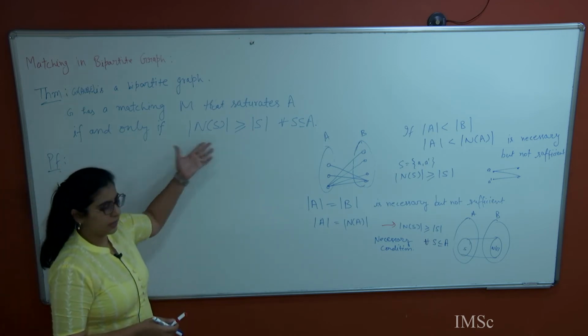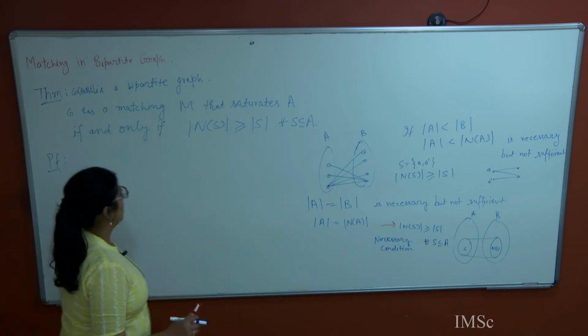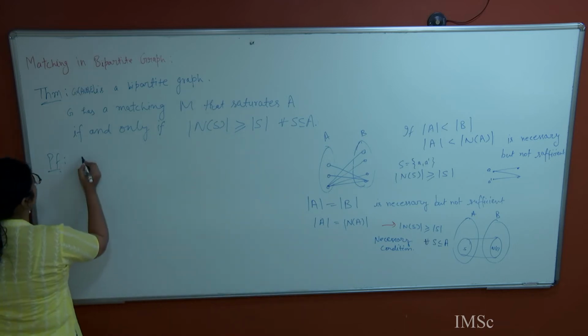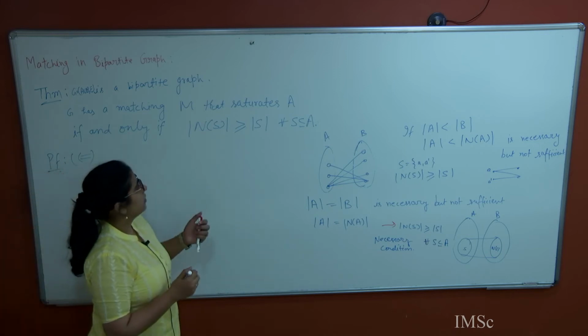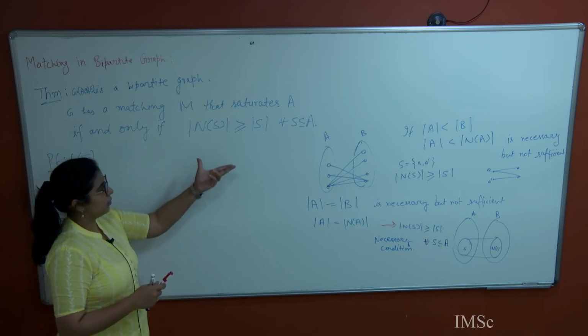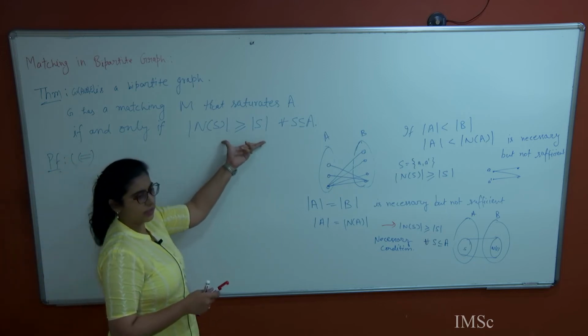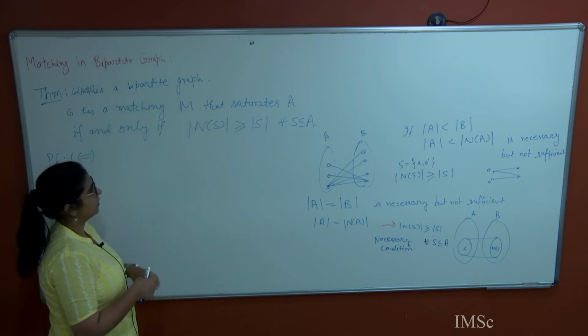So one side is okay, right? That is because it is the necessary condition. We want to prove the sufficiency of this condition. So given that your graph satisfies this condition, we want to prove that there is a matching which saturates A.